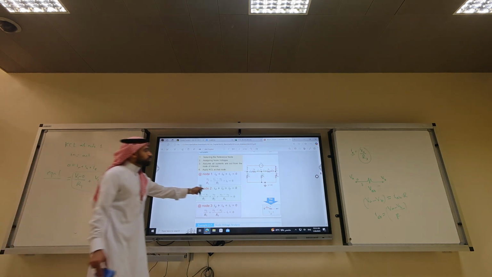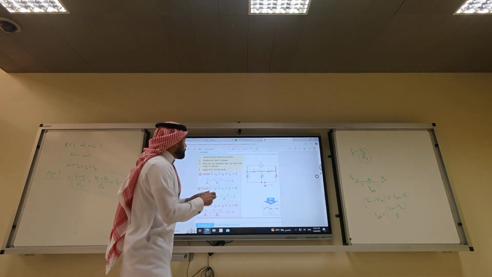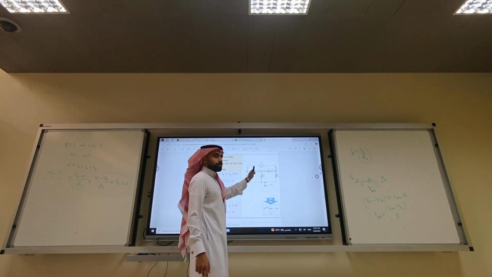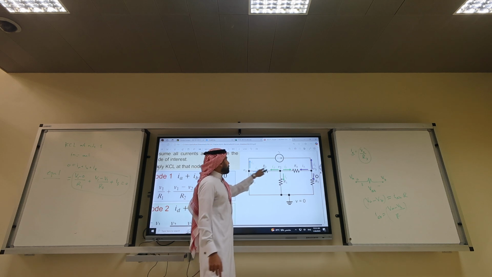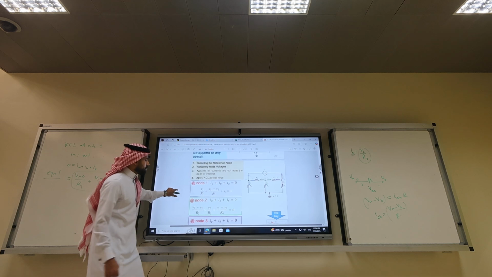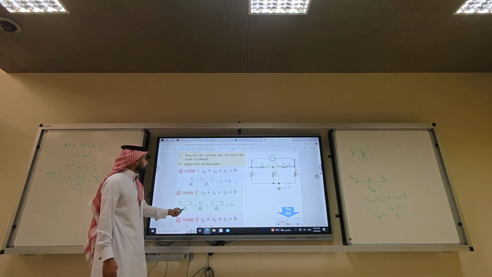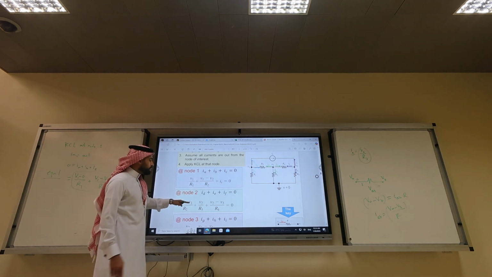At node number 2, I'm going to do the equations mentally. ID is actually minus IB. ID is V2 minus V1 over R2, which is minus IB. Do not confuse, keep them as they are.